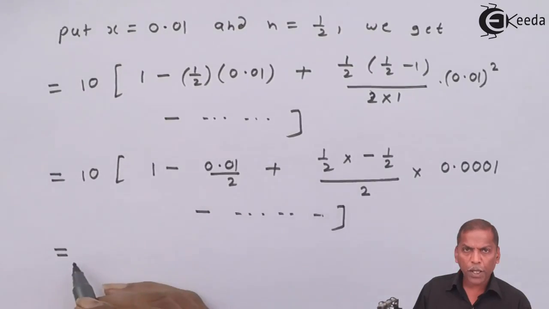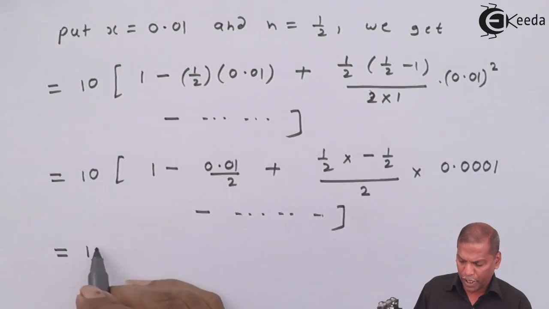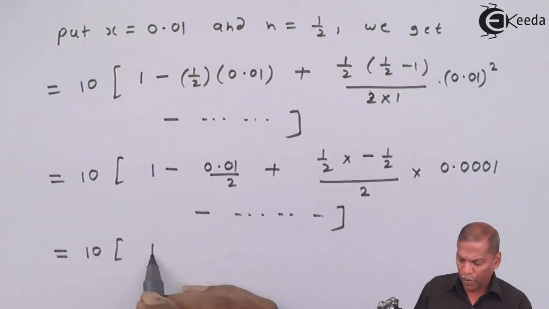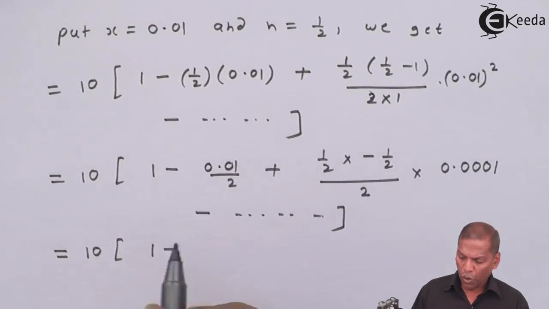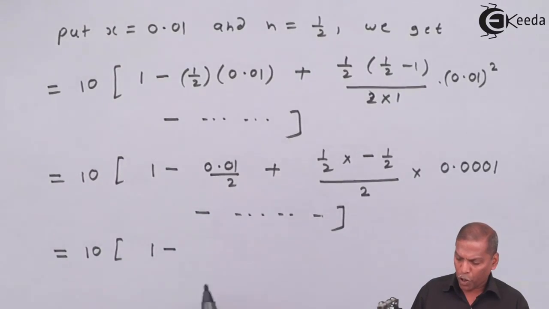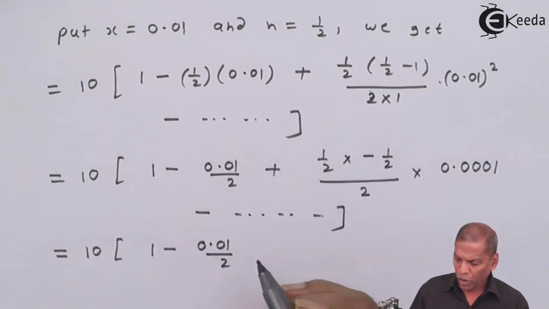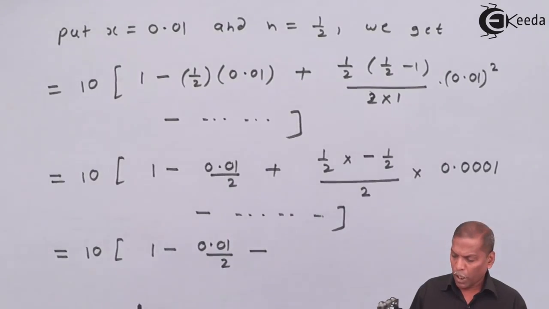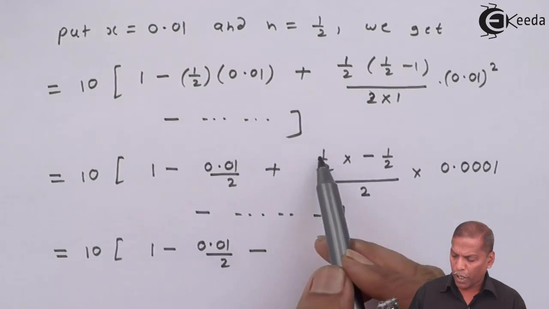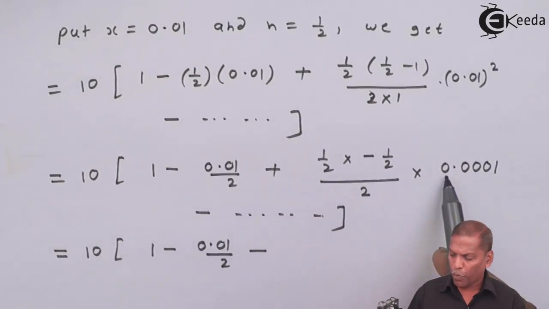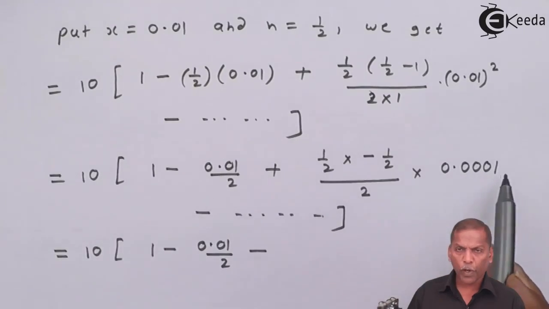So on further simplifying, we get 10 in bracket 1 minus, now 0.01 upon 2, again we write as it is, then plus minus, we get minus. In the numerator, we have 1 into 0.0001.